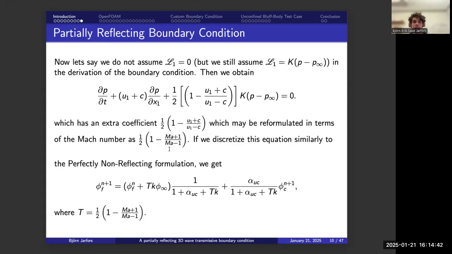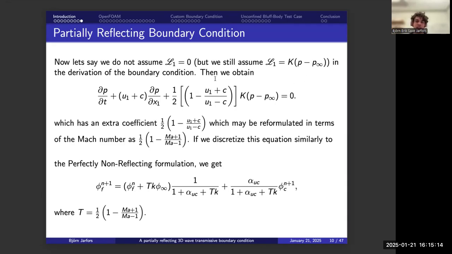But since I mentioned that I'm interested in the partially reflecting boundary condition, let's assume that we do not set L1 equal to 0 immediately during the derivation, but we'll still use the assumption that L1 equals this relaxation coefficient multiplied by the pressure difference.